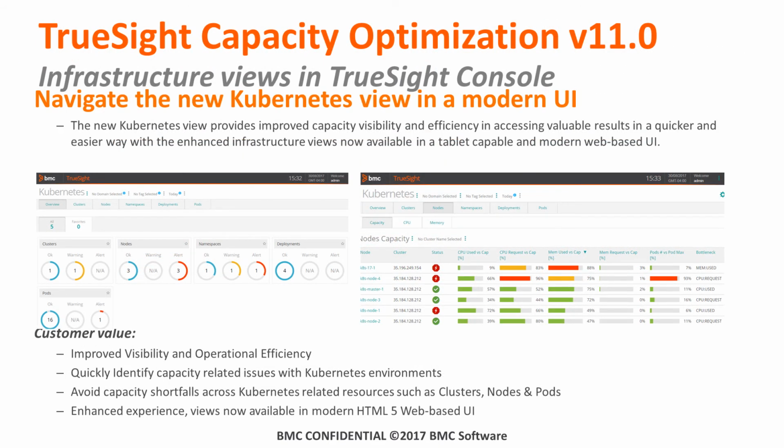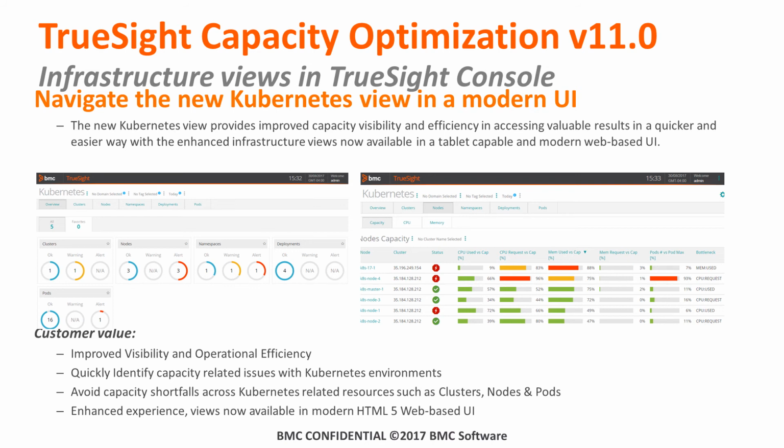So with TrueSight Capacity Optimization 11, the new Kubernetes views are really net new, and you can see from the screenshots, they're out-of-the-box best practice views, very similar to the existing views we have for other environments, such as VMware or others.